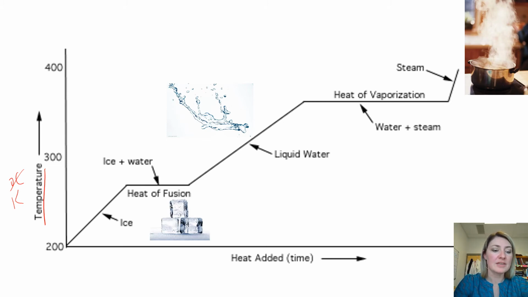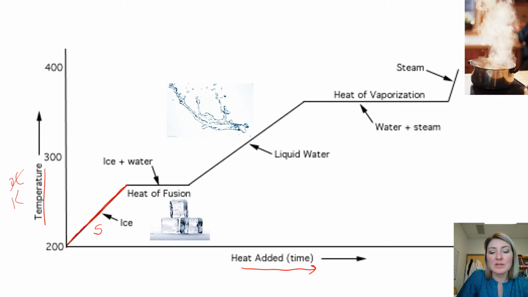So we have, at this point, a solid, ice cubes. Right now, as we see this temperature increasing and we're adding heat over time, as we see this line increase, the temperature is increasing. Any energy is going towards raising the temperature of that water.